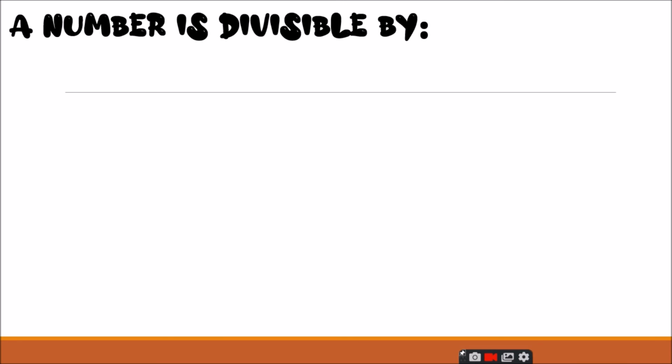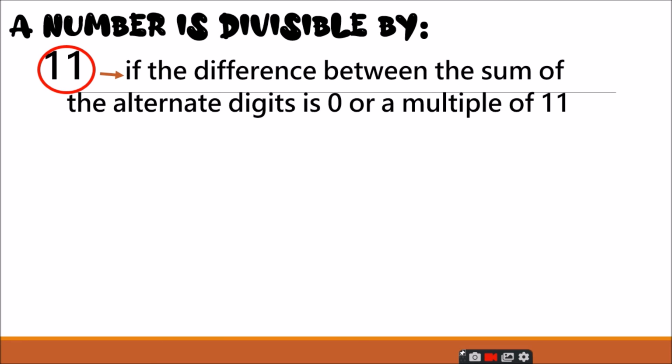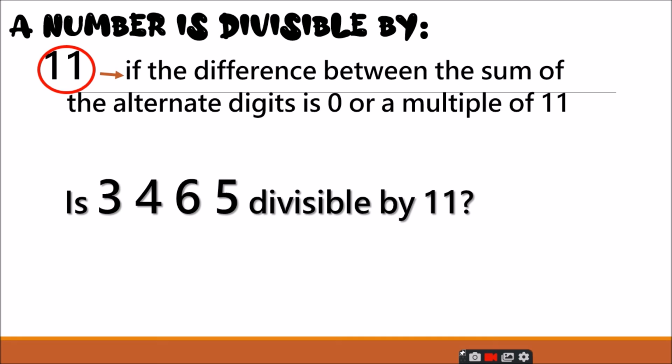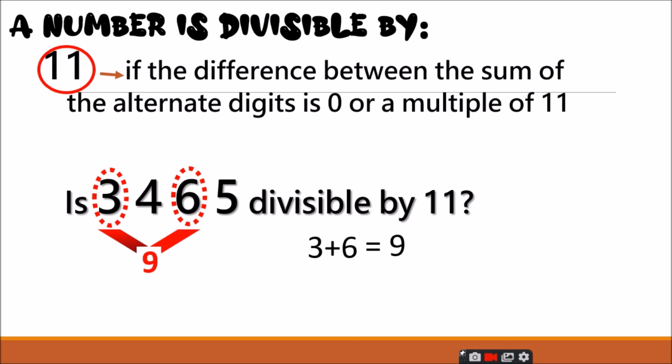Next, let's have the divisibility rule of number 11. If the difference between the sums of the alternate digits is 0 or a multiple of 11. So, is 3,465 divisible by 11? So, let's find out. Let's get the sum of the alternate digits, which is 3 plus 6, which is 9.